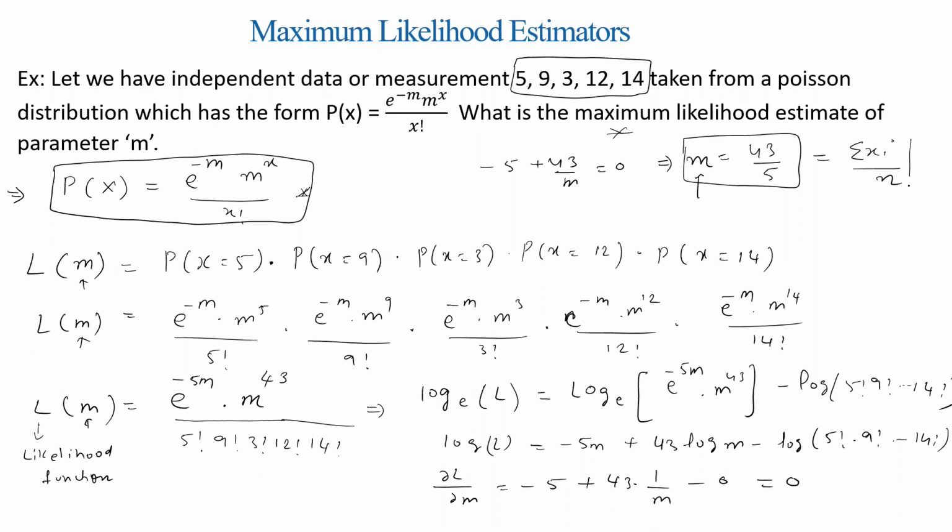So this is in general form. Whenever you have to find the maximum likelihood estimator of Poisson distribution, we always get this particular value in general. So you take any data set here and you apply this formula, you can get m value.